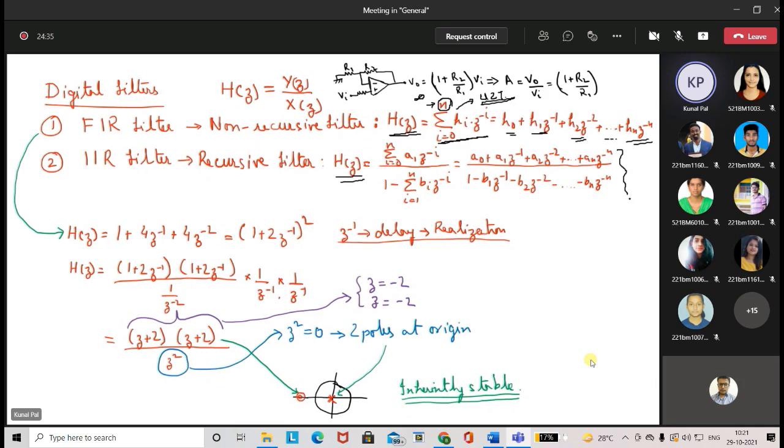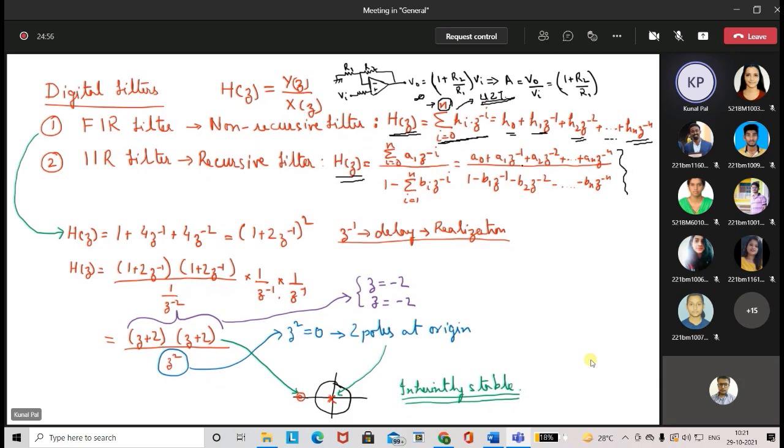The numerator becomes a0 plus a1 z inverse plus a2 z to the power minus 2 plus up to a_n z to the power minus n, divided by 1 minus b1 z inverse minus b2 z to the power minus 2 minus up to b_n z to the power minus n.